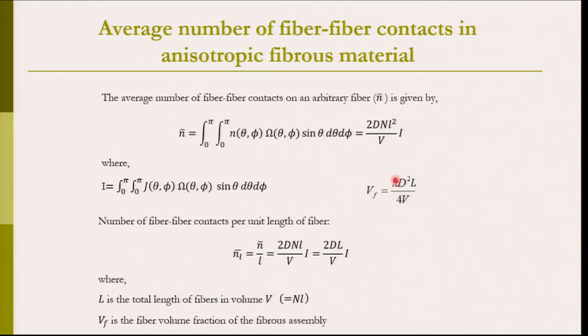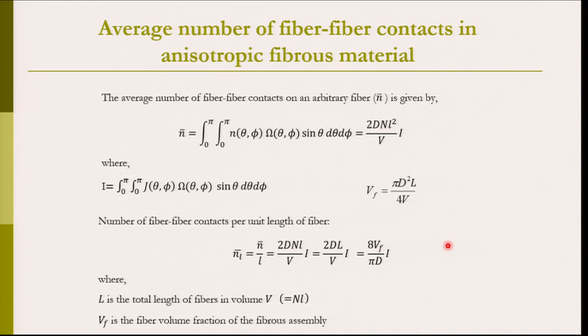So, dividing pi d squared by 4 L by V would give us the fiber volume fraction. Inserting L by V would give us the expression of N_L bar in terms of the fiber volume fraction, fiber diameter and global orientation parameter. So, N_L bar is equal to 8 Vf by pi d I.